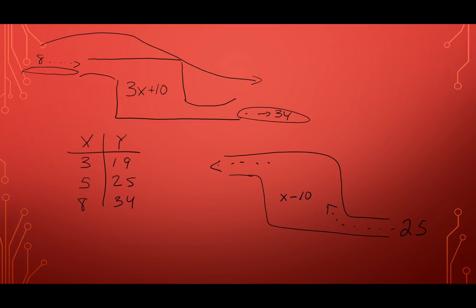And then what do I have to do? Then I'm going to have to divide by 3. So if I minus 10 it would be 15, divided by 3 comes out 5. Does that show me the right thing that I'm seeing over here? My output's 25 and I originally started with 5. Good. That's the concept of inverse function.